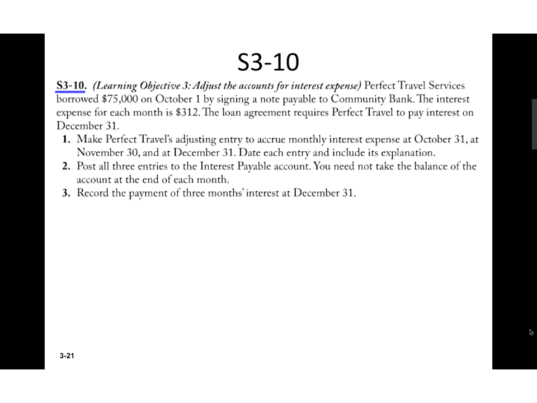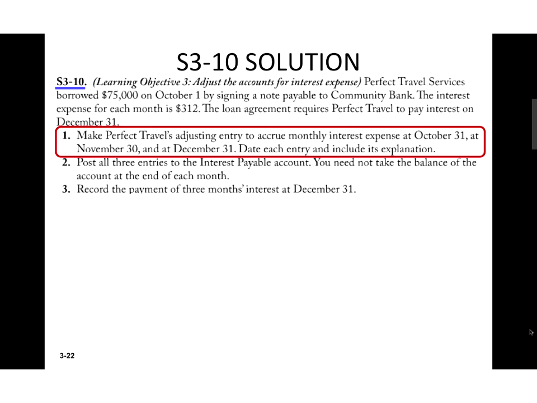Okay, so Perfect Travel's adjusting entry. They've taken out this loan for $75,000. The interest expense is $312, but they don't pay it until the end of the year. So on October 1st, we sign the note. At the end of October, we owe $312 of interest expense. We're not paying it until the end of the year; we're making all our interest expense payment in one payment at the end of the year.